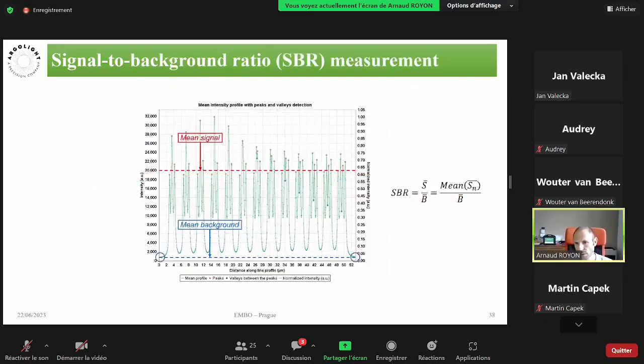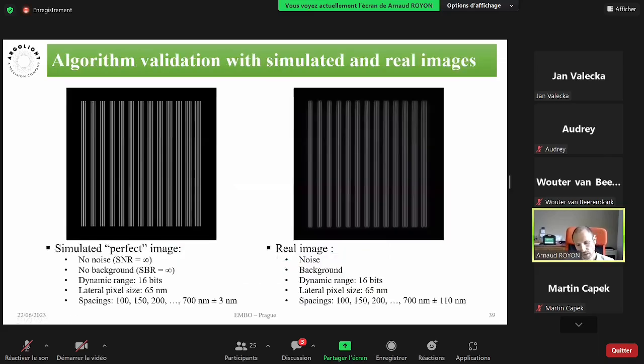This measurement is simpler: we measure the mean signal, we measure the mean background outside the pattern, and we divide one by the other. So with only one image, you can have access to the contrast transfer function, the signal to noise ratio, and the signal to background ratio. And as we saw earlier, signal to noise and signal to background ratio influence the resolution.